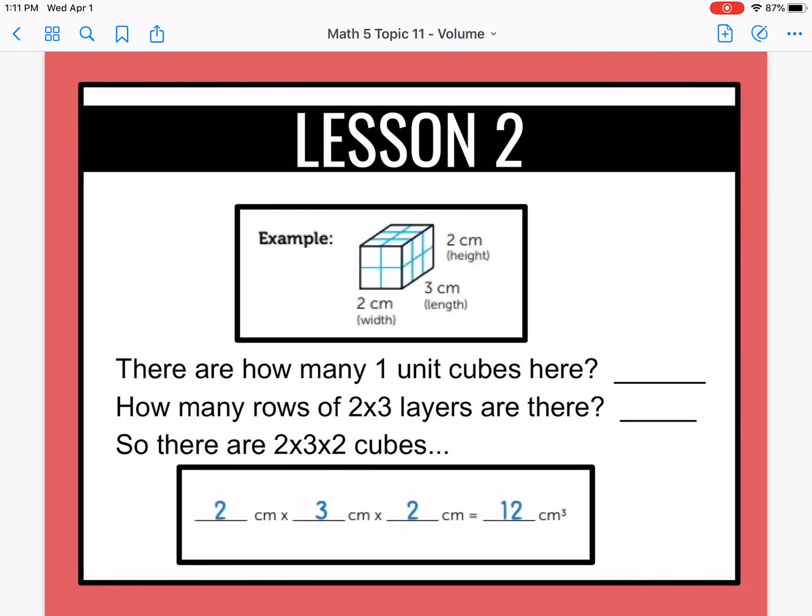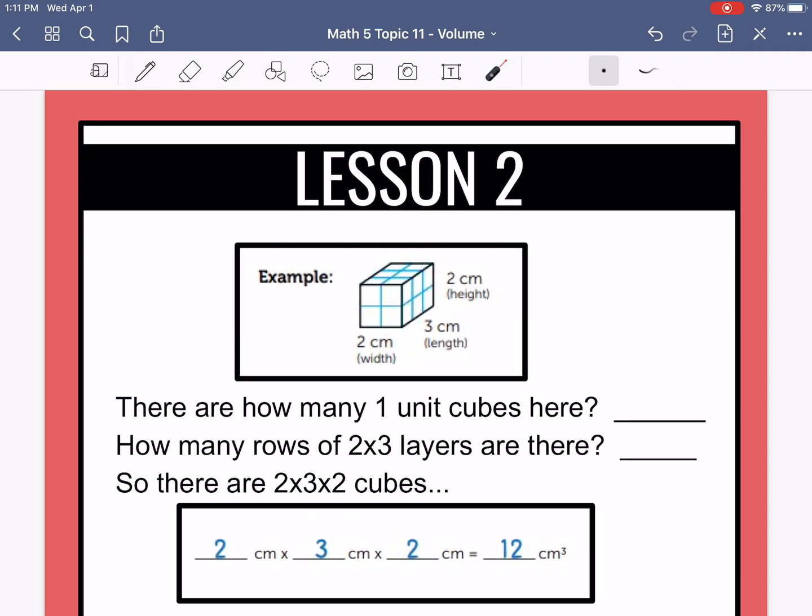Okay, so how many 1 unit cubes are there in this one? All right, so we could go ahead and count these, correct? So if we did, we have 1, 2, 3, 4, 5, 6, 7, 8, 9, 10, 11, 12, 13, 14, 15, 16, and then there's some hiding behind, so 17, 18, 19.